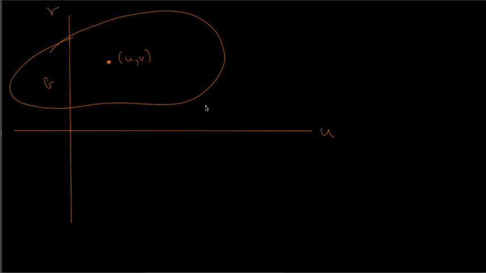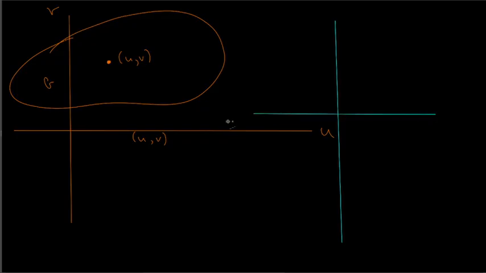And what we want to do is go from whatever the scaling of the UV plane is to the XY plane. And so the XY plane is where we're going to see this manifest itself as some region R in XY.